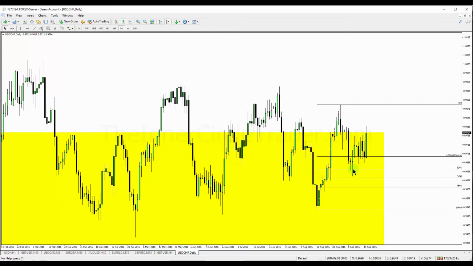Okay, so when we identify equilibrium, that's the 50% level. When price goes below 50%, it's at a discount. When is it the highest probable degree of bullishness at a discount price? That's when you have this.